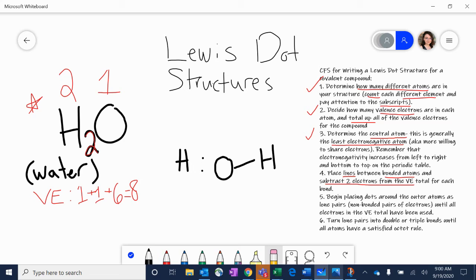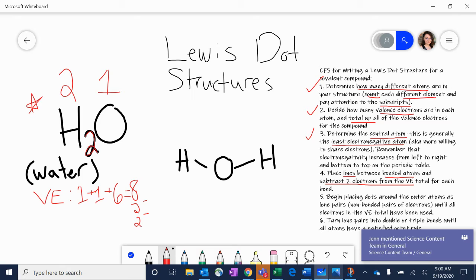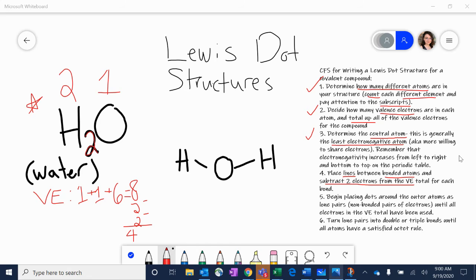So every time I draw a line, I need to make sure that I subtract 2 electrons from my total. So minus 2 for both of those bonds. I've got 4 remaining, which means I still have 4 that I need to assign to my structure here. Going to check off that step.